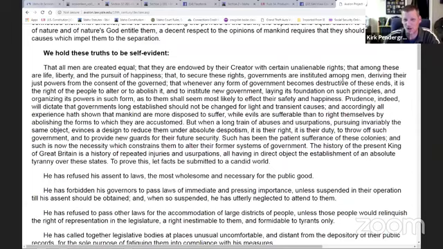"That among these are life, liberty, and the pursuit of happiness." So, your status is a creation of God with certain Creator-endowed unalienable rights. Among these rights are life, liberty, property, and the pursuit of happiness.